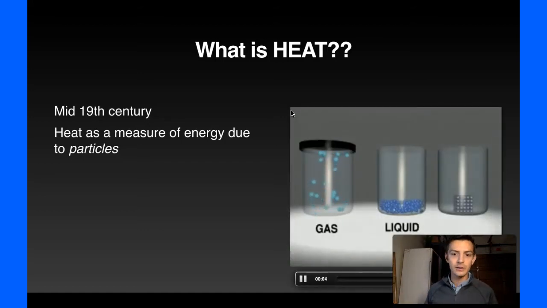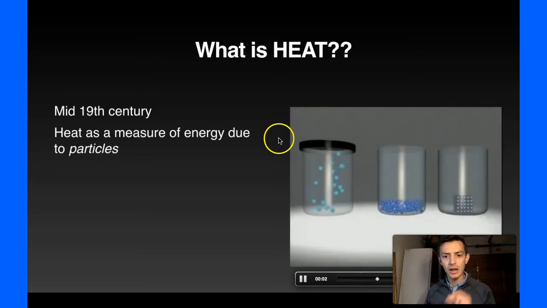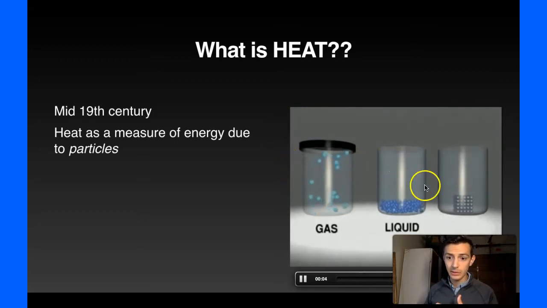So you're seeing here a little animation of the states of matter. We'll go into this a little more in depth, but the different states of matter are gas, liquid, and solid. You're very familiar with that idea, I'm sure, but how about the particle nature?